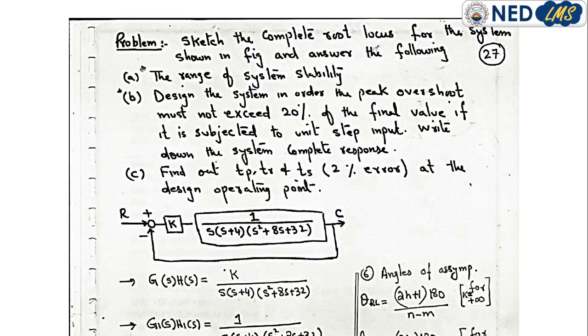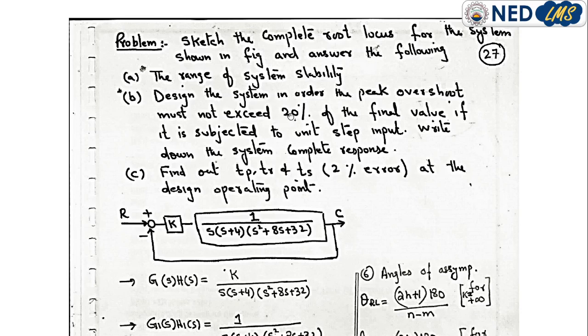In this problem, one task is to sketch the complete root locus, another task is to find out the system stability from the given root locus diagram, and then we have to design the system in order to keep the overshoot under the 20% limit.